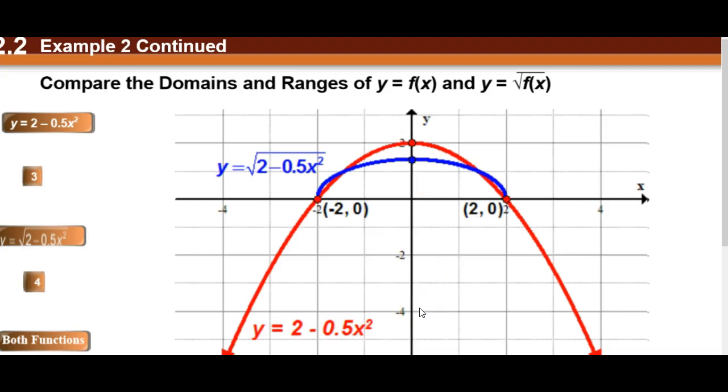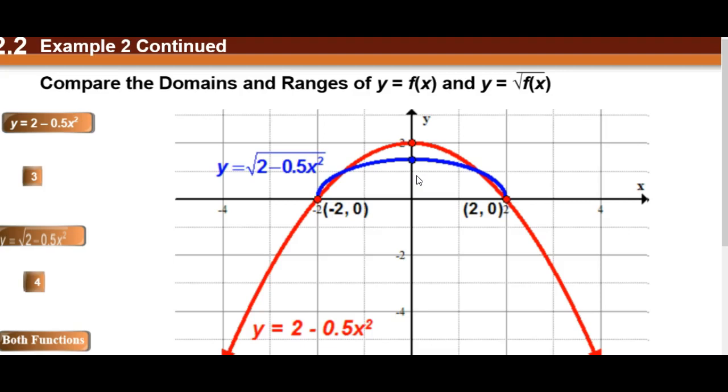When you look at the domain and range for the second function, the domain is x has to be greater than -2, but less than 2. And for the range, y has to be greater than 0, but less than, I think that's 1.5.